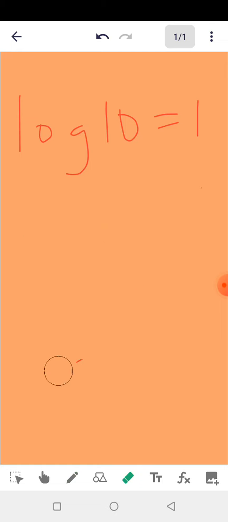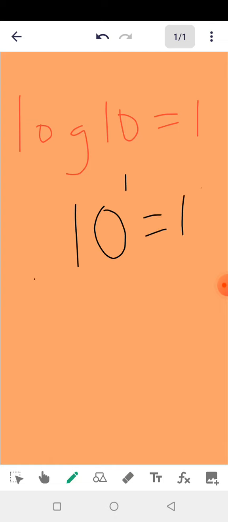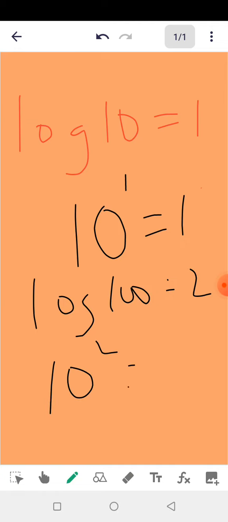So we can conclude that logarithm and indices have a kind of relationship. If log 100 is 2, then 10 raised to power 2 is equal to 100. Very, very simple.